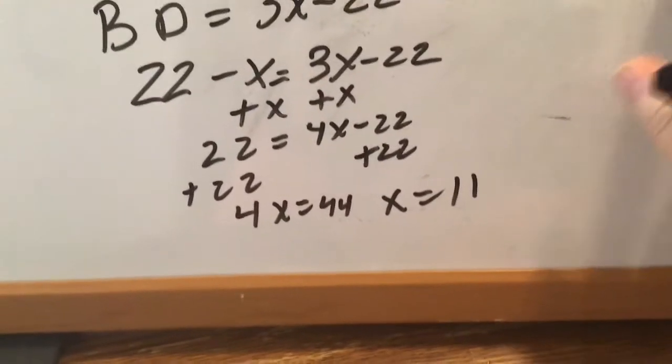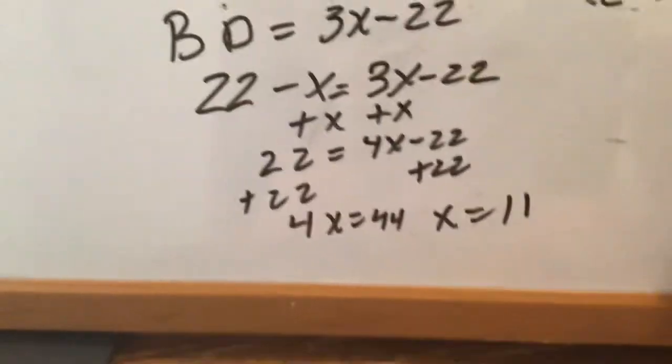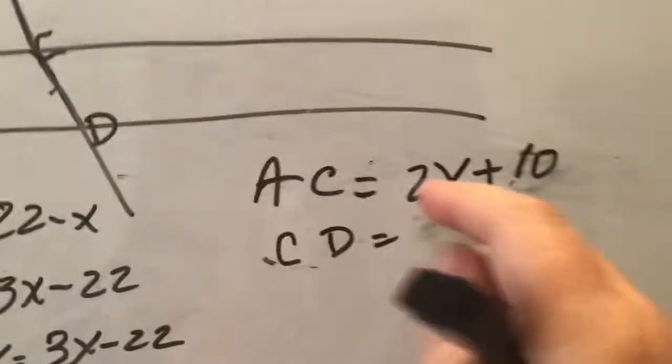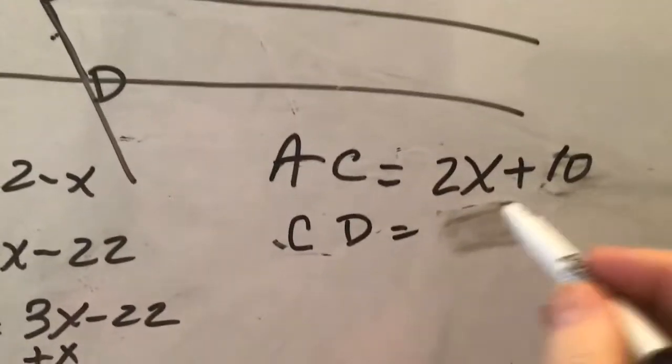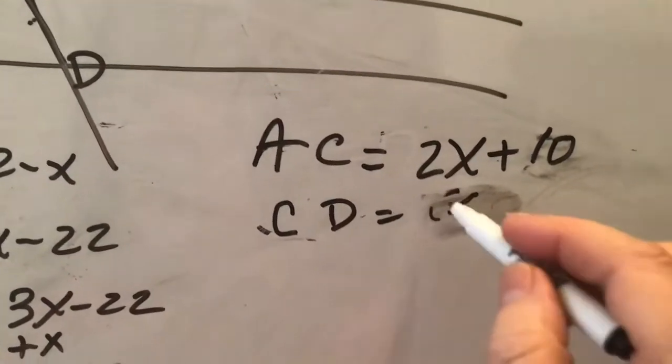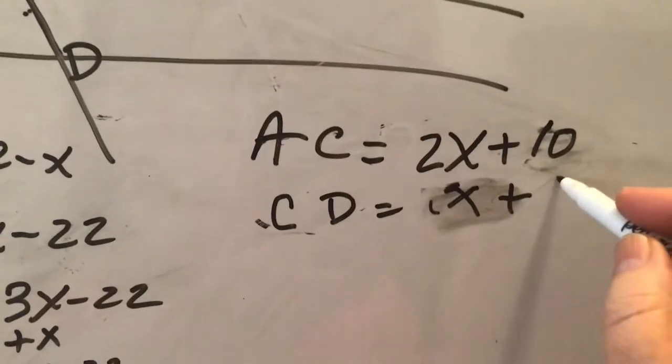Well, that doesn't make sense because it's smaller, so let's just go with x. Oops, sorry, I didn't realize I wasn't showing you. Okay, so AC is equal to 2x plus 10, and let's say CD is equal to x plus 4.